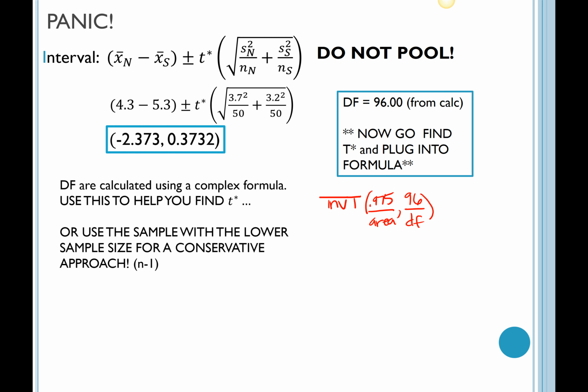Now remember that 0.975 comes from taking 95% confidence. So remember, we're doing a confidence level of 95%. Remember that we always do 1 minus 0.95 divided by 2, and then we add that to 0.95 to give you the area there.